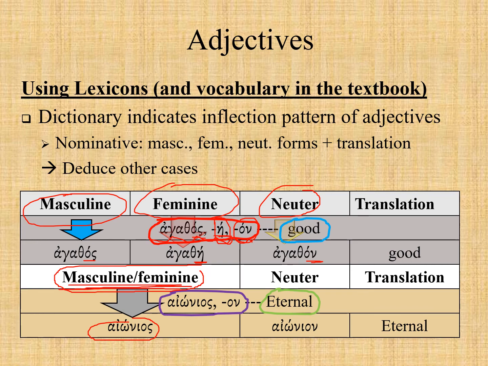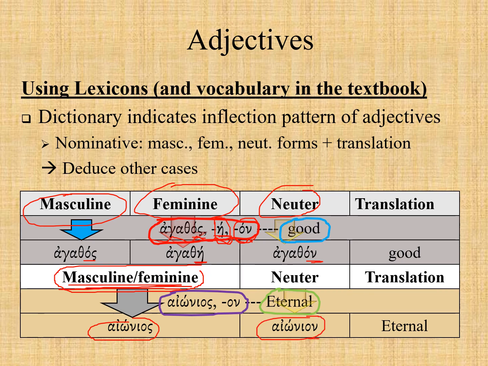So in other words, there is no specific feminine form of the adjective aionios. It's a little bit strange, but that's the way it is. Now, then we have a distinct neuter form, which is then aionion.